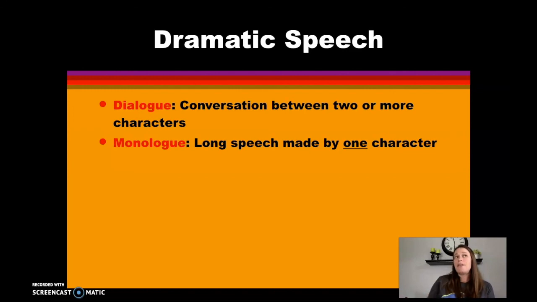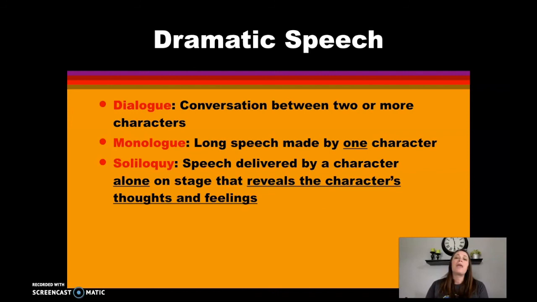The next one is often confused with monologue, and that is a soliloquy. Both are delivered by one character, okay, so both are speeches made by one character, but a soliloquy is one that is delivered by a character who is alone on stage and speaking their thoughts aloud, and they don't think they have an audience.